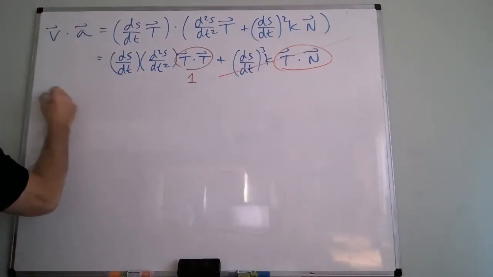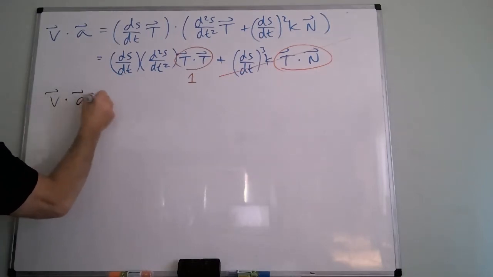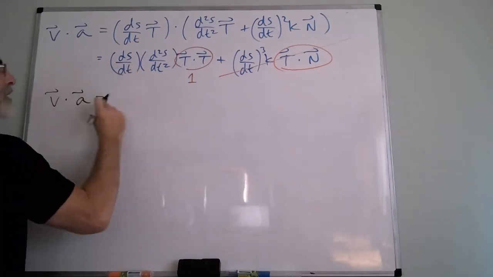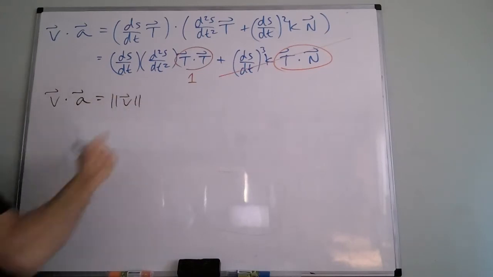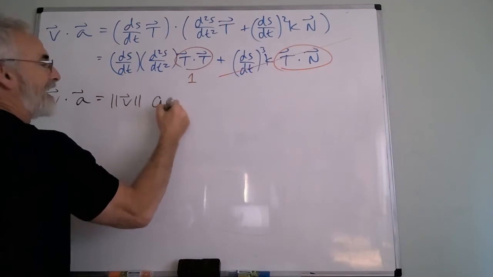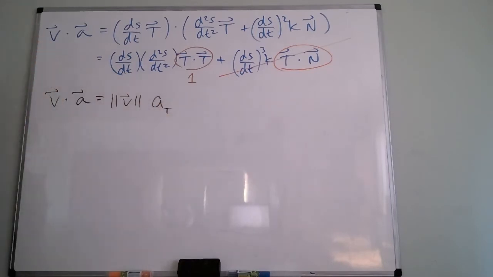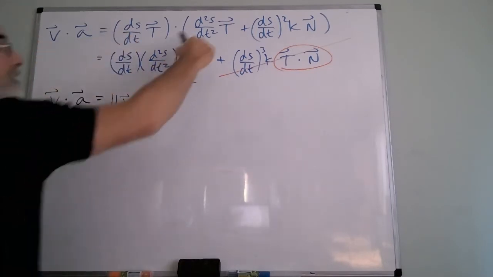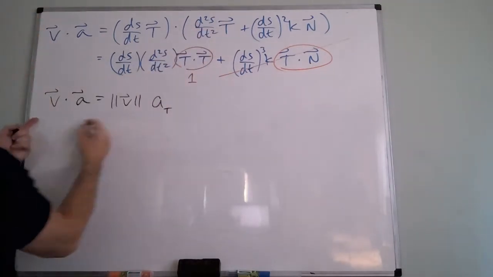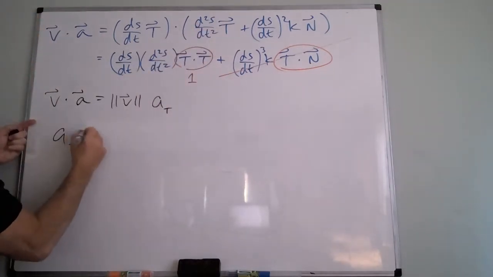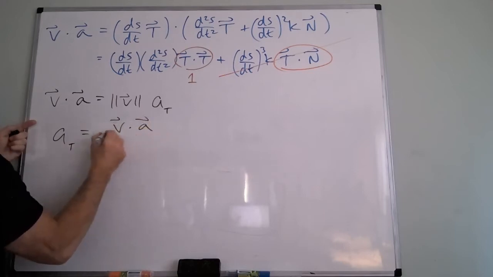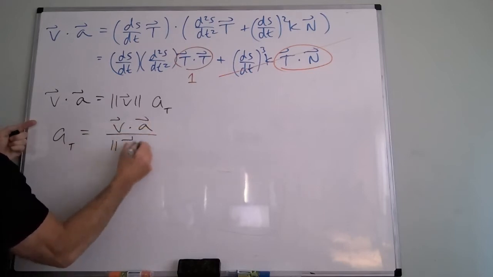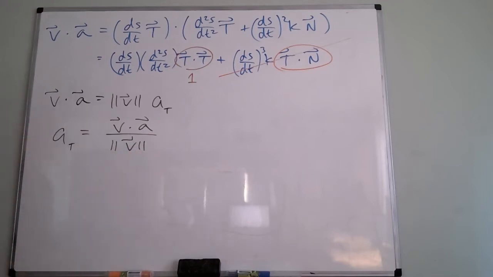This says V dotted with A equals speed, which I'm going to go ahead and write length of V again, because now it's convenient to me. That is little a_T. That's what we called it right here. Doesn't this mean that AT equals V dot A over length V? And folks, we have another ridiculously simple shortcut.